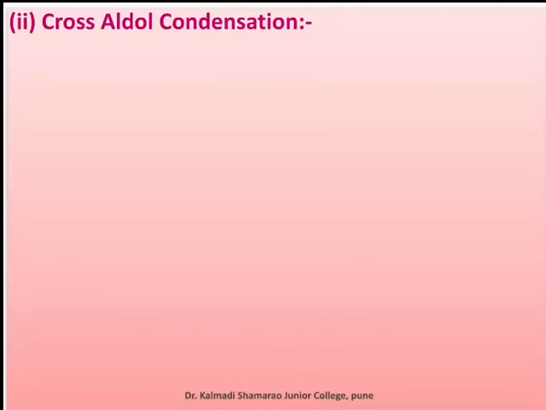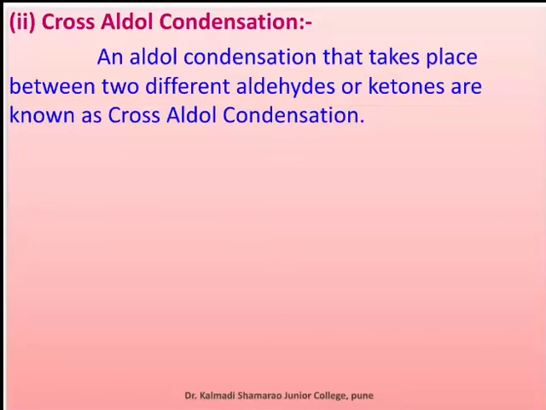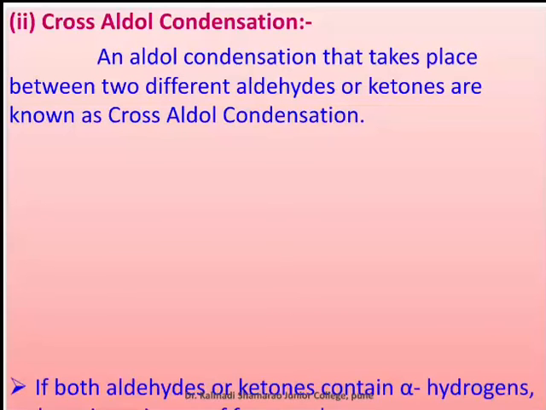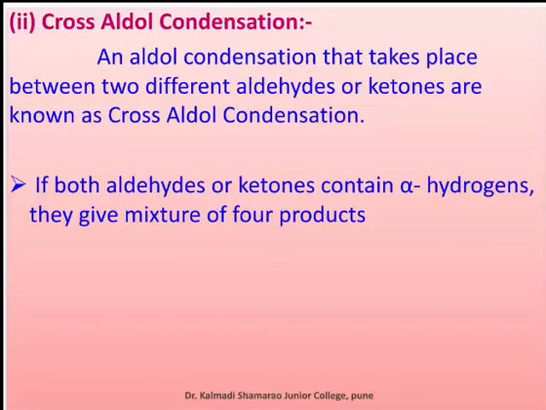Now, let's talk about the cross-aldol condensation reaction. An aldol condensation that occurs between two different aldehydes or two different ketones is known as a cross-aldol condensation reaction. If the two different aldehydes or two different ketones contain alpha hydrogen, they give a mixture of 4 products.